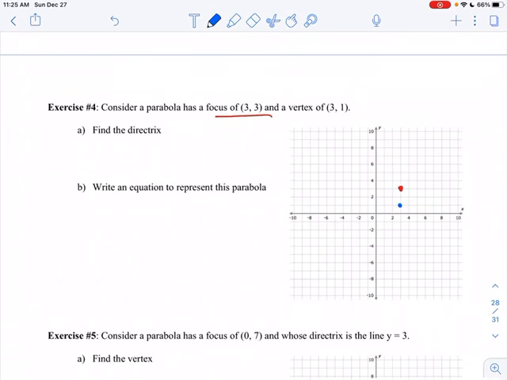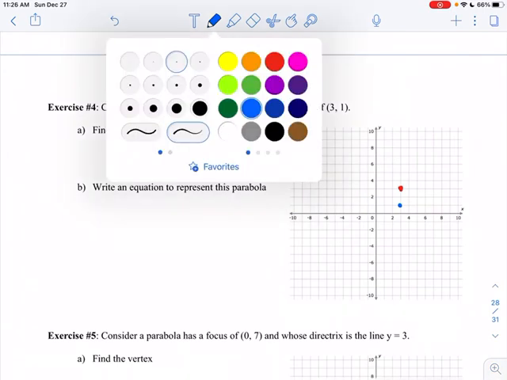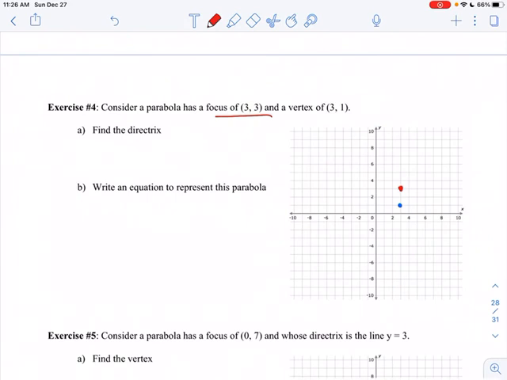Well, the vertex is halfway between them, so if the vertex is 2 away, see how p equals 2? Then my directrix is going to be 2 below, right here, at y equals negative 1.